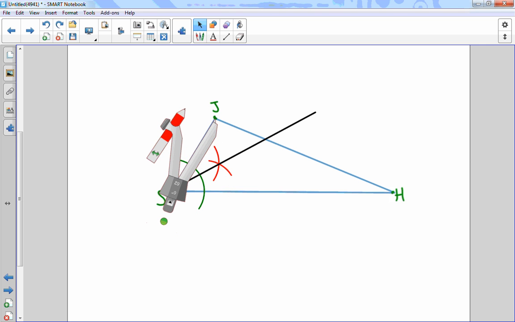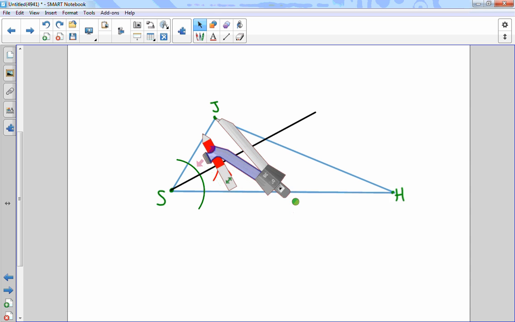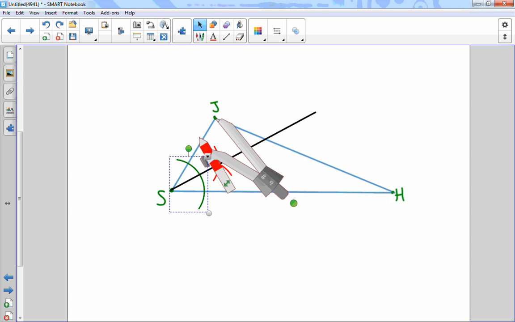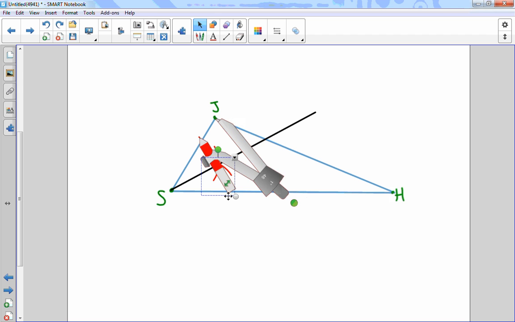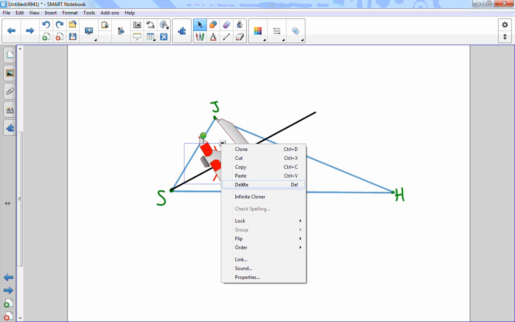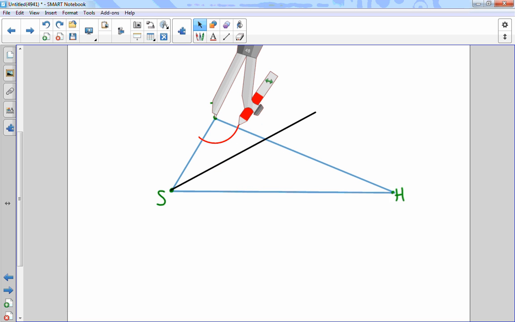I'm going to pick angle J. And then just do a little bit. If you want to erase those other arcs, you can, because we don't need the arcs anymore from the last one. And then you won't get confused what arcs you're looking at. But don't erase the angle bisector. Angle J, make sure you intersect twice. Keep the same width.